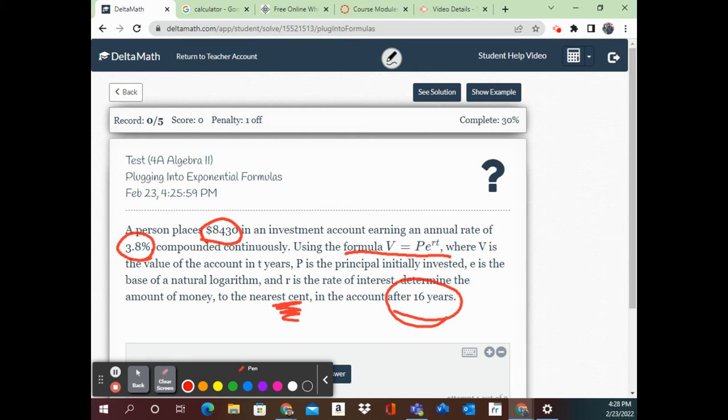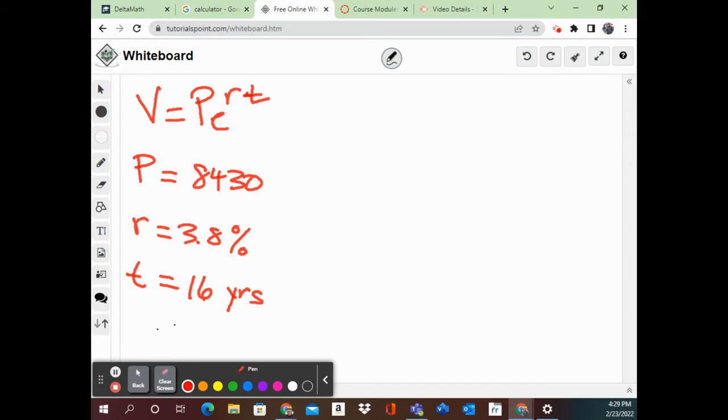So again, what I circled was what our values are. We have P, which is 8,430. We have our rate r, which is 3.8%. And then we have our time, 16 years. Now we're going to fill in the equation based upon the information we have.